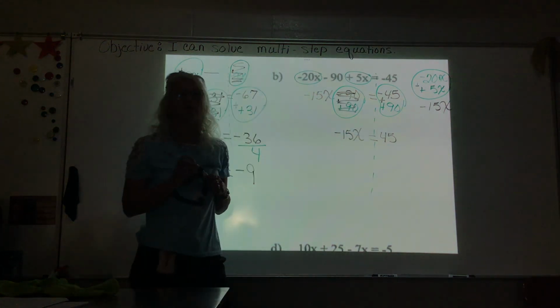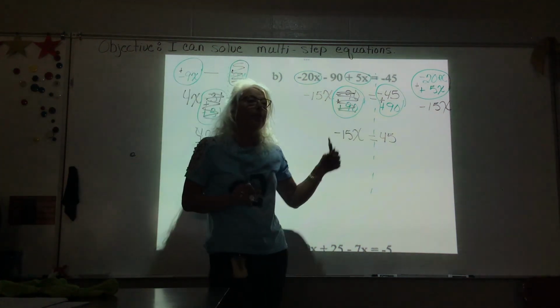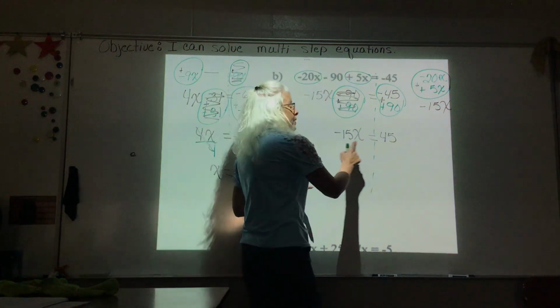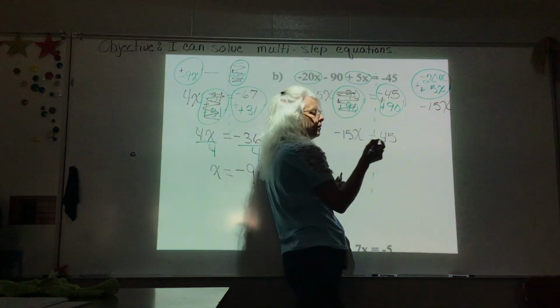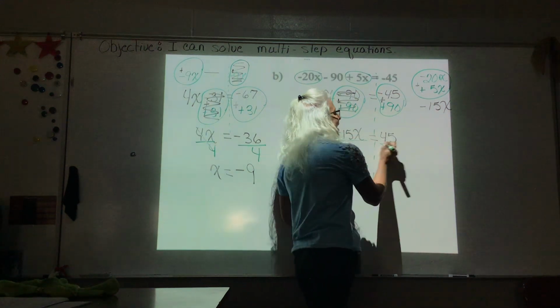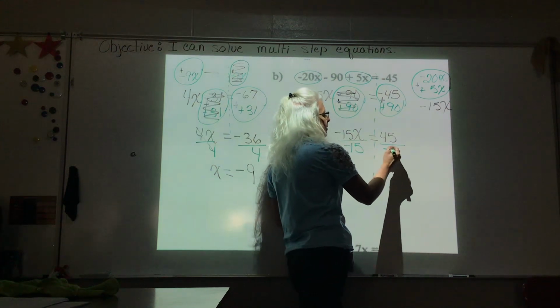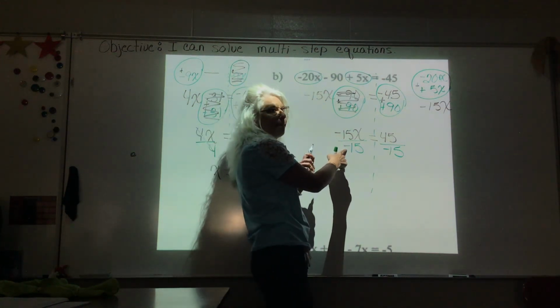What type of equation do we have? One-step equation. Now, because there's only one more thing that we need to do. This is what type of math problem? What's the inverse of multiply? So you're going to divide everything by negative 15. Negative divided by negative is a positive.